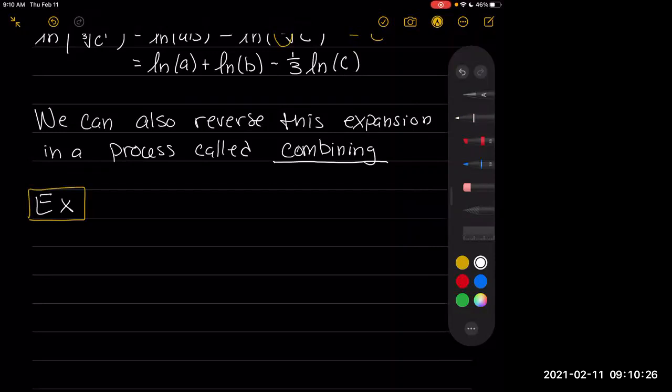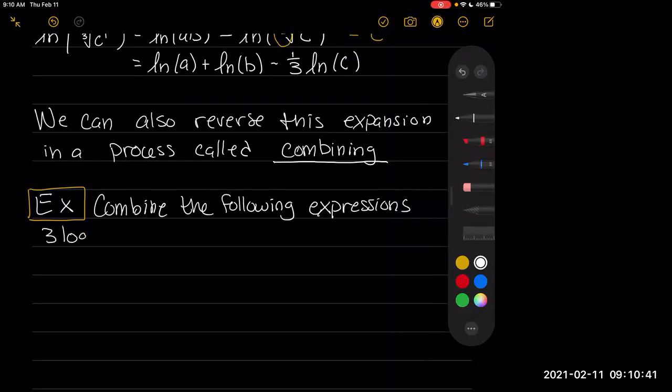So we're going to combine the following expressions. If we look at 3 log base 2 of x minus 1/2 log base 2 of y. The first thing we can do is bring these constants back in as exponents.